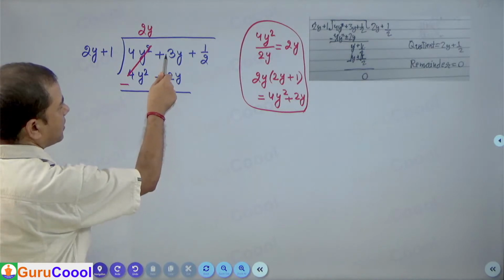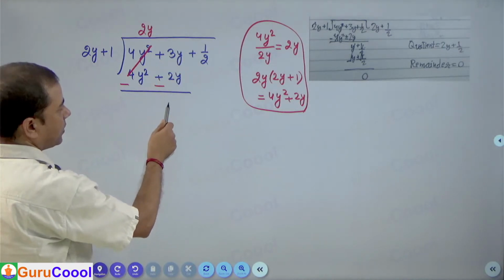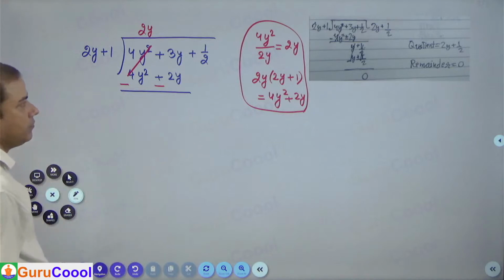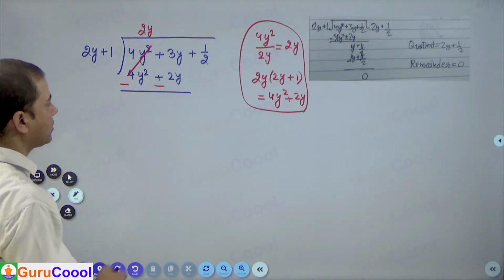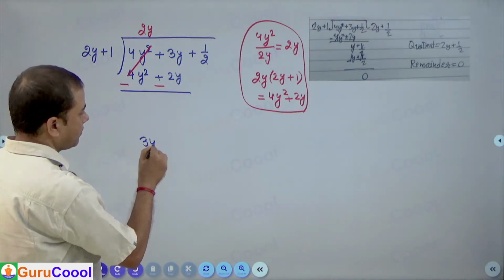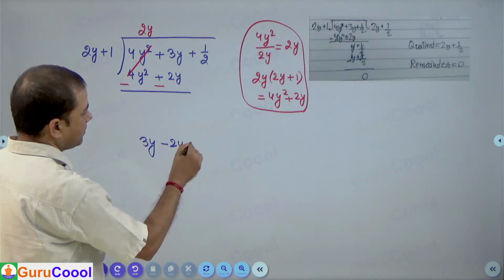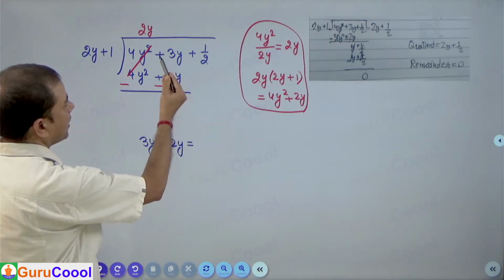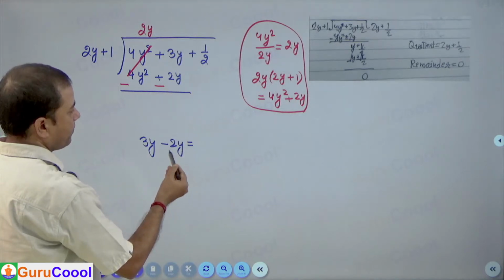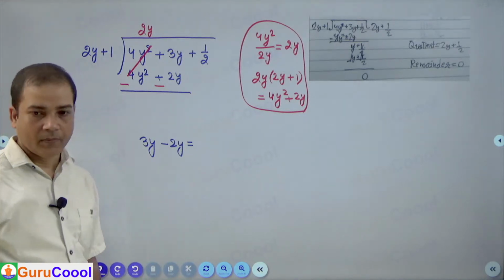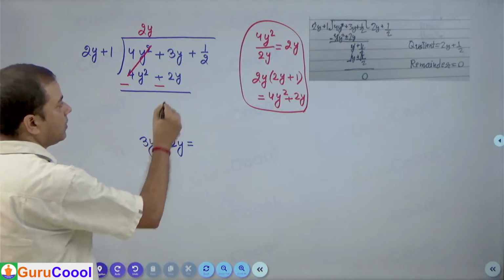Now we have plus 3y minus 2y. How much do we get here? Plus 3y minus 2y. How much is it? Y. So write y here.